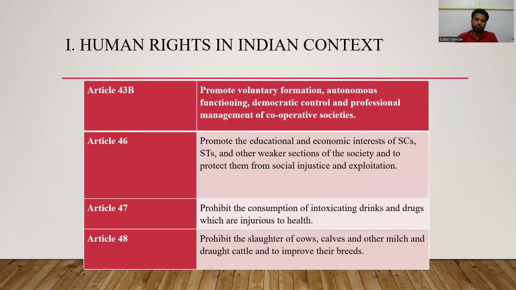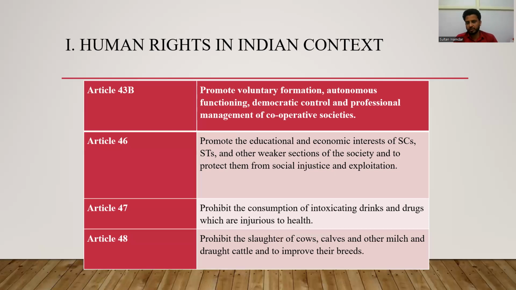Along with that, voluntary formation, autonomous functioning, democratic control, and professional management of cooperative societies is also expected. Many times we see that cooperative societies are established by different groups, and these are supposed to be well maintained and transparent in their functioning. It also promotes educational and economic interests of backward communities, particularly scheduled castes and scheduled tribes, along with weaker sections. So they are also supposed to be protected by the government.